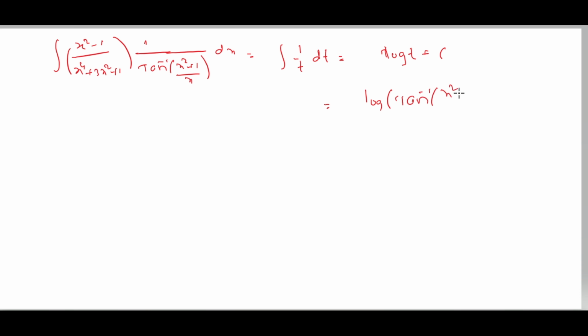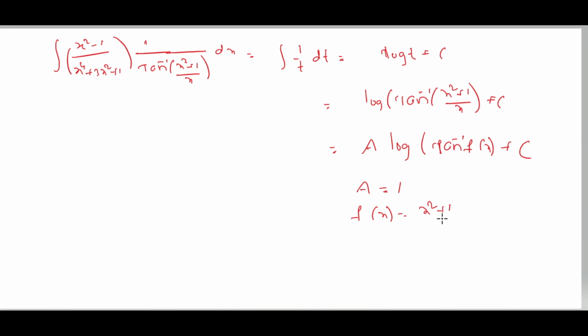The value of t is tan inverse of (x square plus 1 by x) plus c, so that is equal to A log of tan inverse of f of x plus c. So from this the A value is 1 and f of x is equal to (x square plus 1) by x.